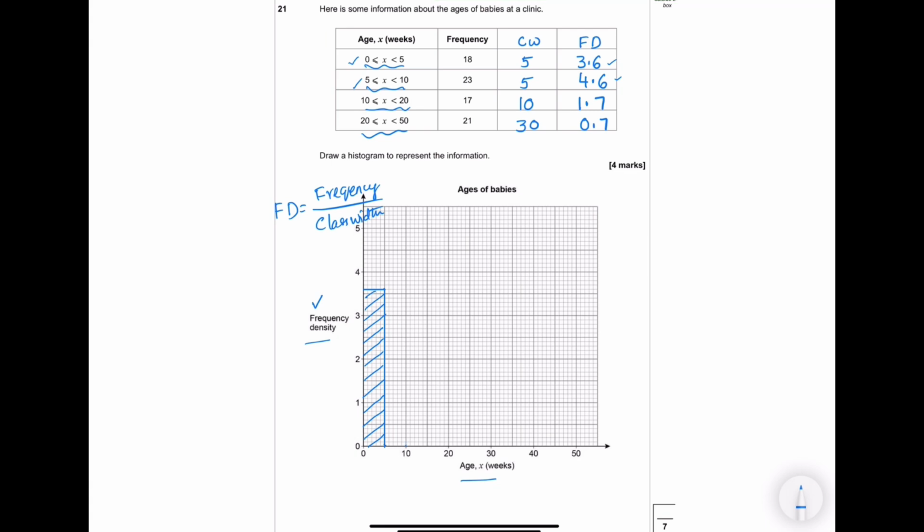Next bar is from 5 to 10. Frequency density is 4.6. Draw the bar here, 5 to 10, 4.6.